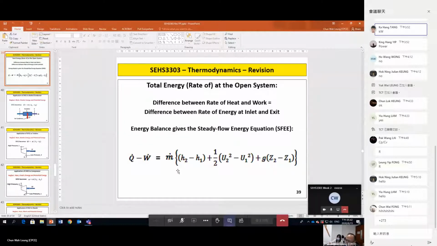We will not provide any heat in the compressor. So Q dot is 0. Again, potential energy difference is normally 0 because we will usually arrange the inlet and the exit around the same level.